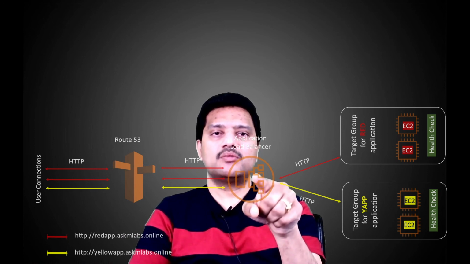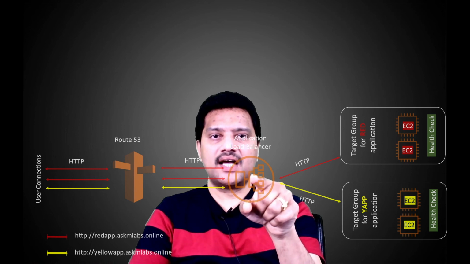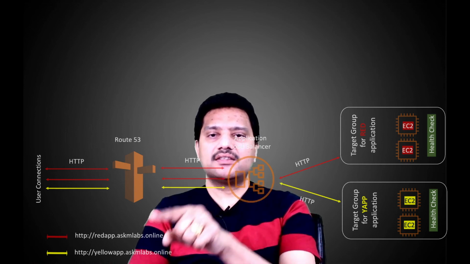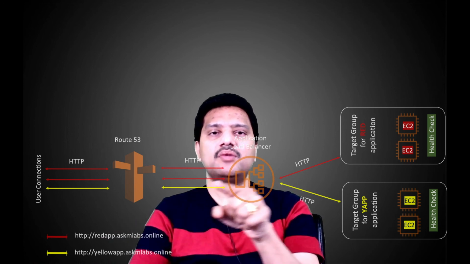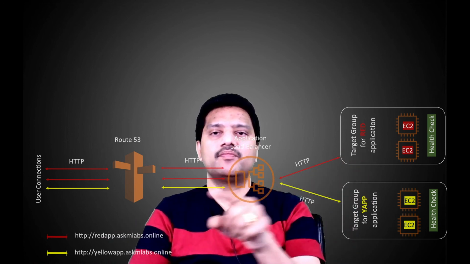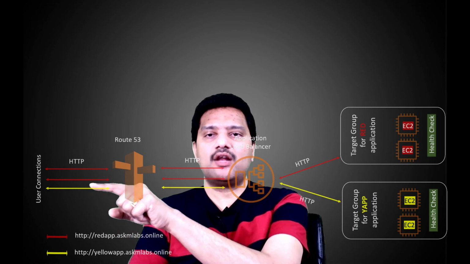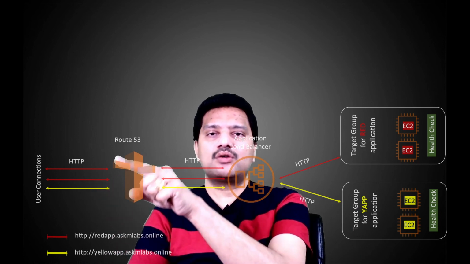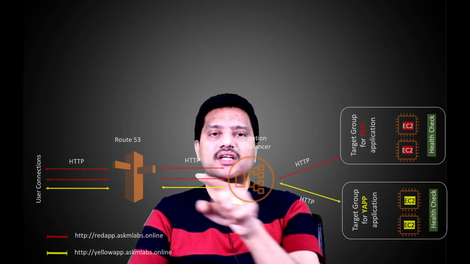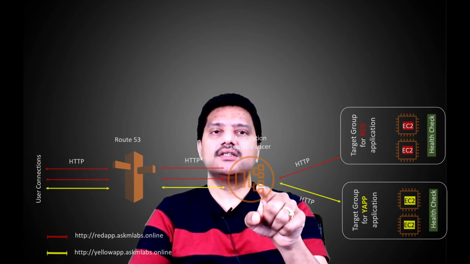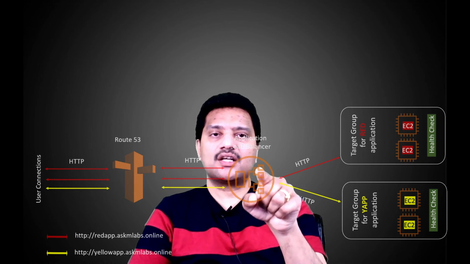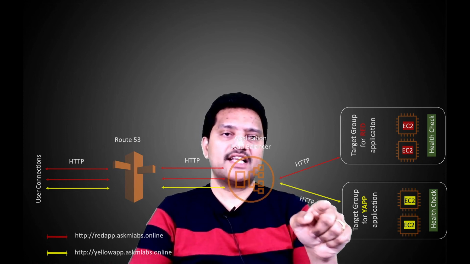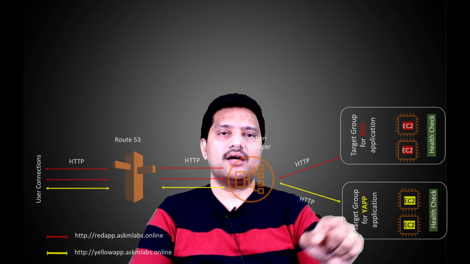The application load balancer has a rule, and that rule defines that if it has Red App in its host name, it forwards that request to Red App. Similarly, if the request is for Hello App, by specifying Hello App in the host name in Route 53, it just forwards that request to the load balancer, but the load balancer has a rule in its listener, and that rule forwards that HTTP request to Hello App.